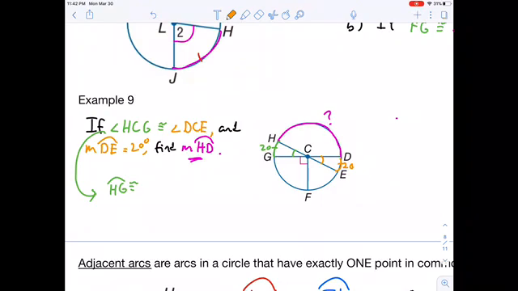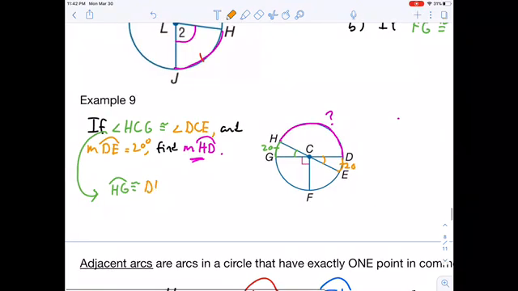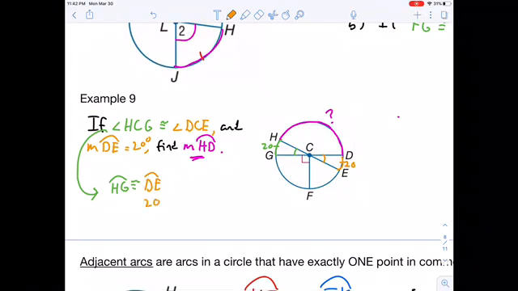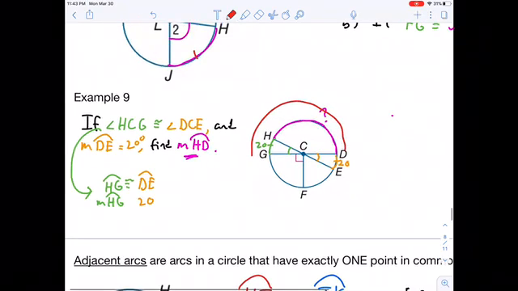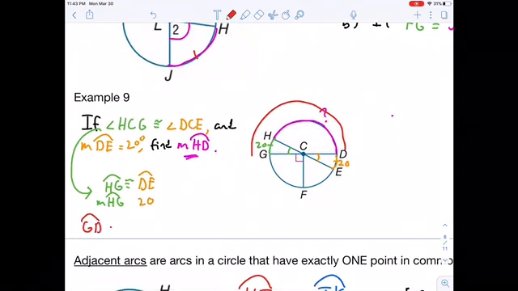So arc HG will be congruent to arc DE, and if DE is 20 degrees, that means arc HG is 20 degrees. The next thing we look at, we're not told, but let's look at GD. Arc GD is a semicircle, which is equal to 180 degrees.